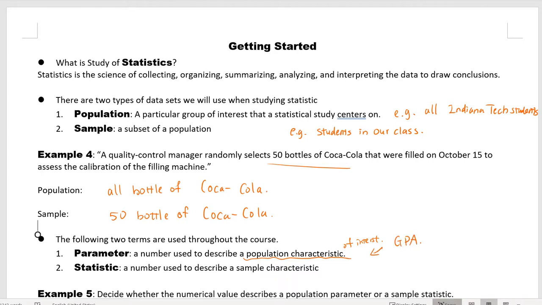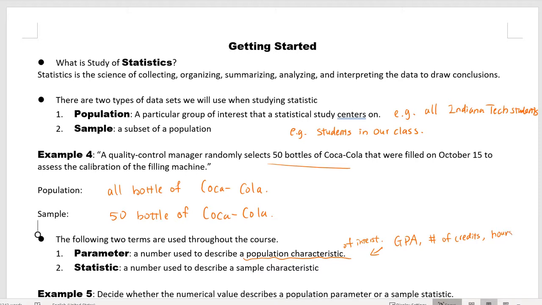For example, if the population is all Indiana Tech students, the parameter, which is like the characteristic of interest, could be the GPA, the number of credit hours, or hours of work per week.